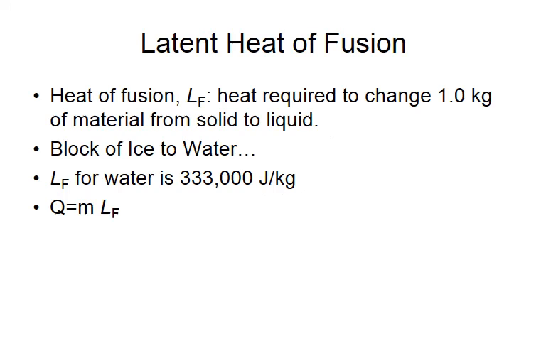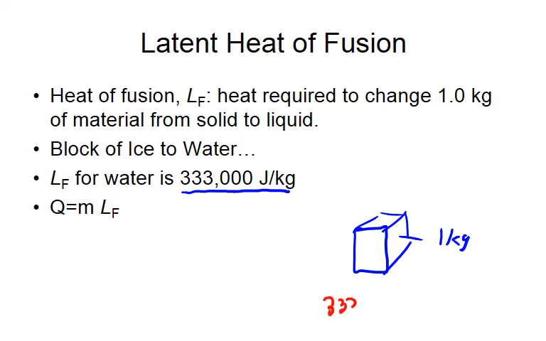Okay, so the latent heat of fusion is the heat required to change a material from a solid to a liquid. If we have the latent heat of fusion for water here, 333,000 joules per kilogram, that would mean if we have a block of ice that is 1 kilogram of mass, and we put in 333,000 joules, we heat it by that much, that will take that 1 kilogram of ice and turn it completely into water.